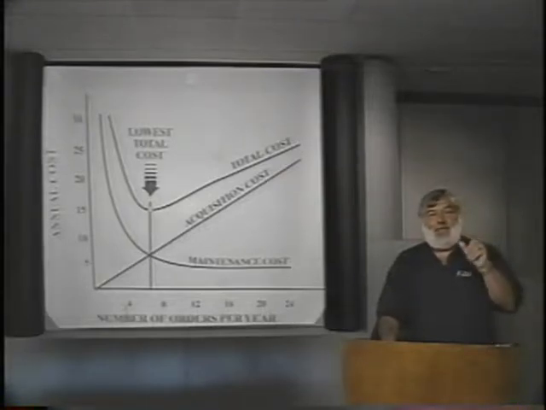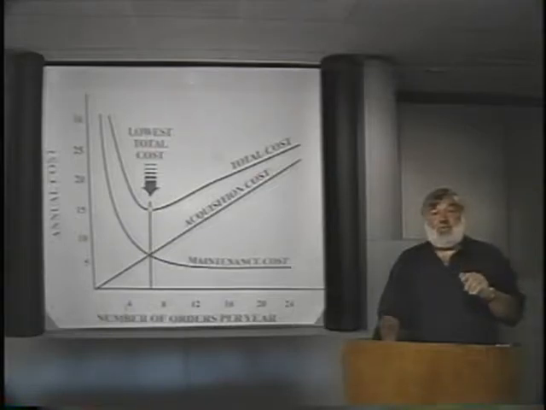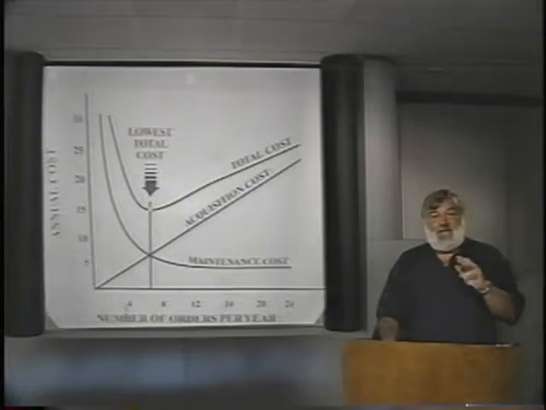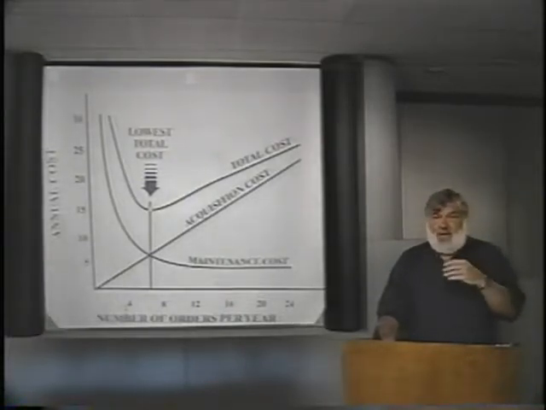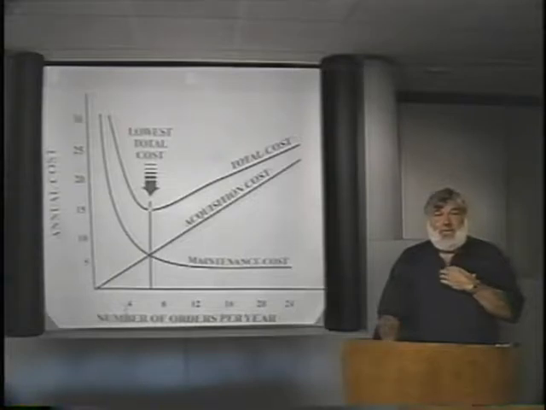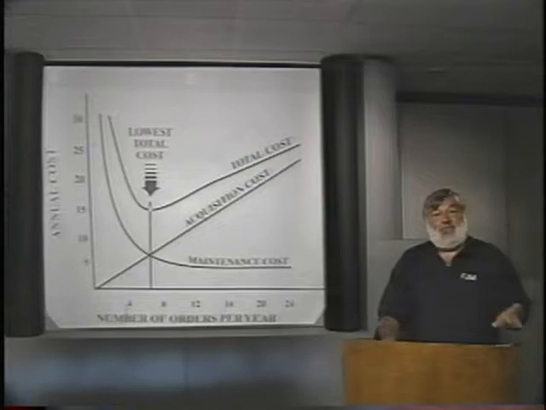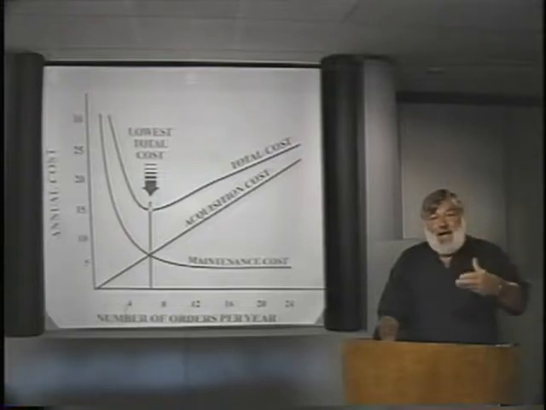You should take the annual usage and divide it by the EOQ. If that order quantity gives you less than, let's say, 4 turns a year, and this is my minimum turnover analysis, if it's less than 4 turns a year, adjust the order quantity downward so that you can get higher turnover requirements.